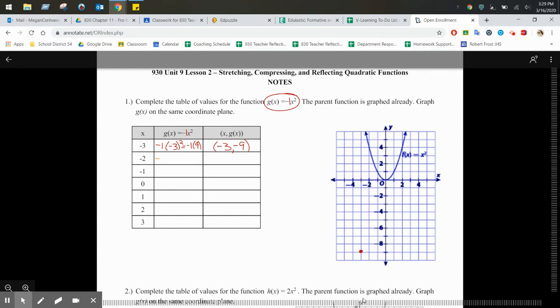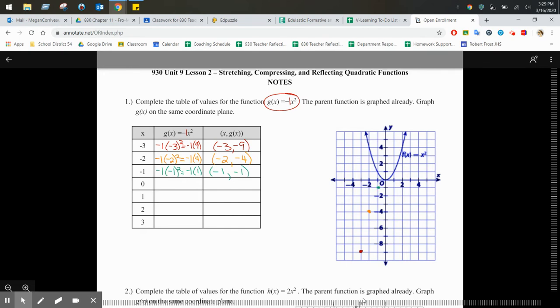Let's see, then I'm going to have -1 times -2 squared. So that'd be -1 times 4, which would be -4. So I've got the point at -2, -4. There's my next one. I've got -1 times -1 squared. So -1 times 1 would give me -1. So I've got a point at -1, -1.